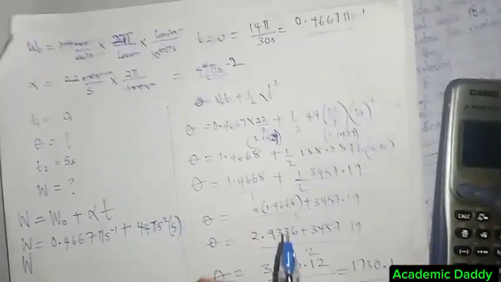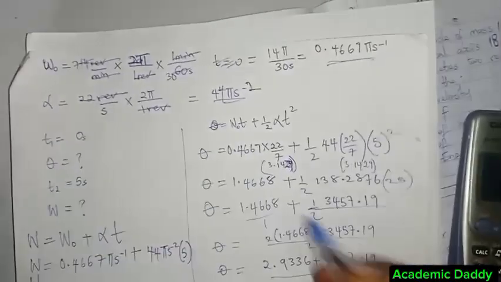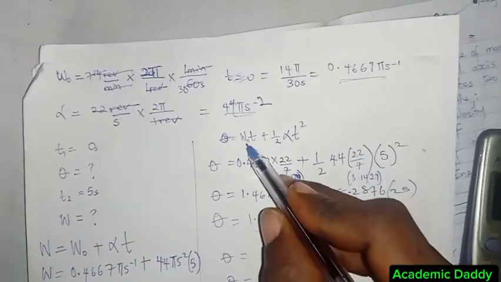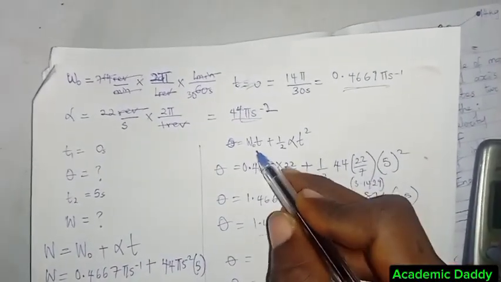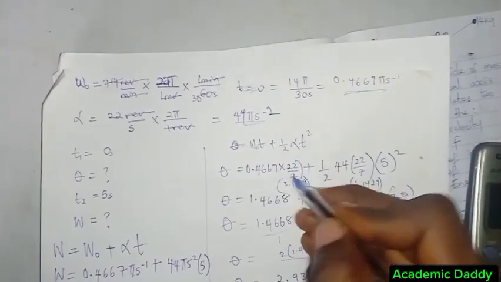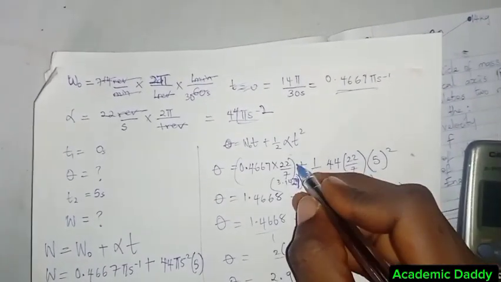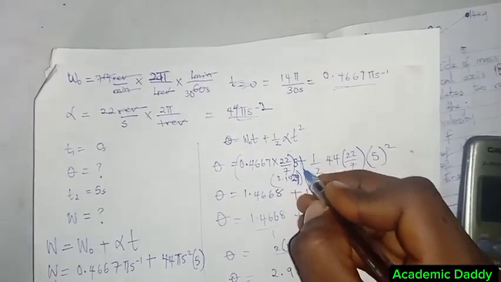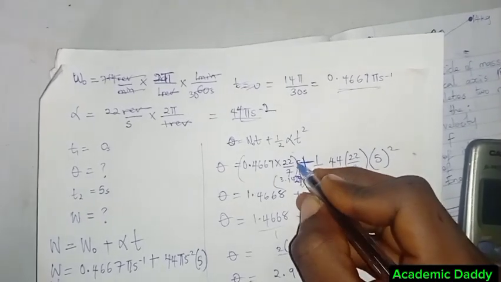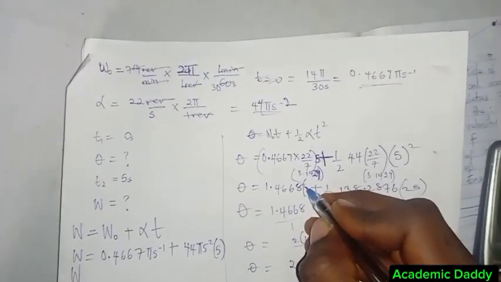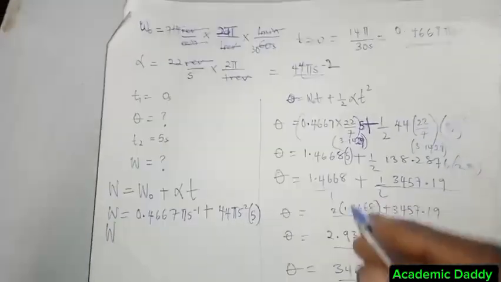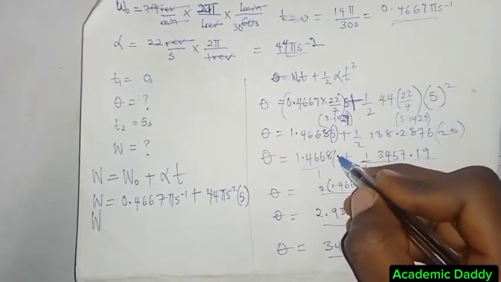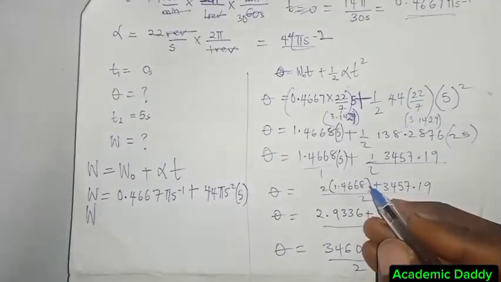Notice that as I'm going on with this, what I did here is W naught, which is 0.4 pi, then the t here, which is 5, we did not include it. So it's supposed to be everything we had here, times 5, before even doing the 2.